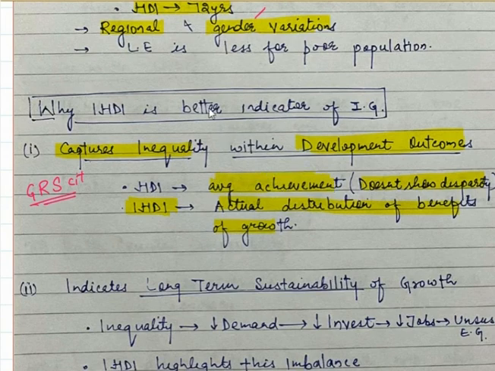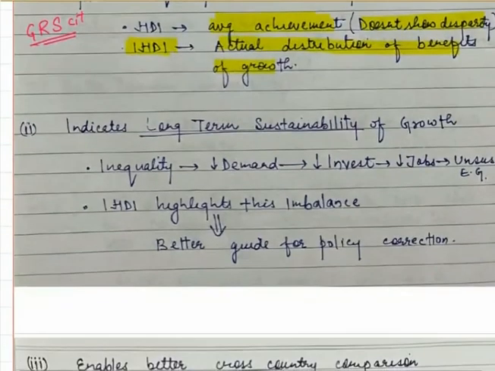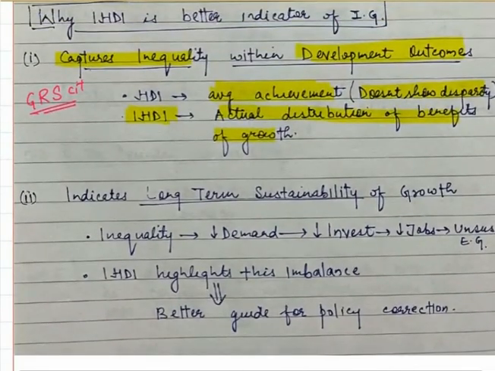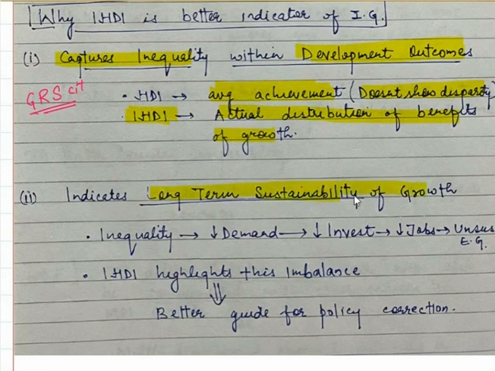Is it okay? Then the second reason why IHDI is a better indicator of inclusive growth is it tells about long-term sustainability of growth. Now, how does it tell about long-term sustainability of growth? It's quite possible that a country has a high growth rate, but that country has high inequality also. So how do we know whether the country will be able to sustain that growth rate or not?